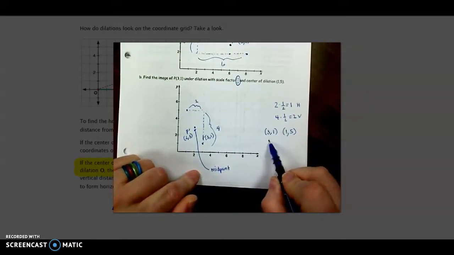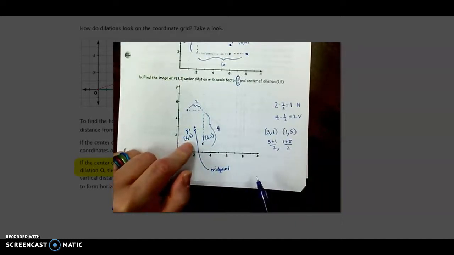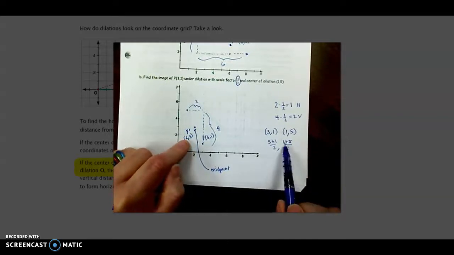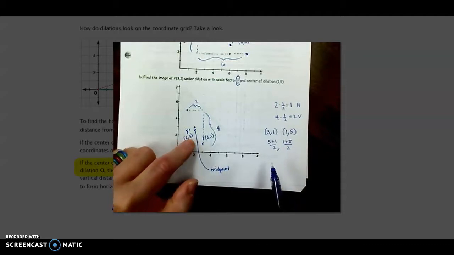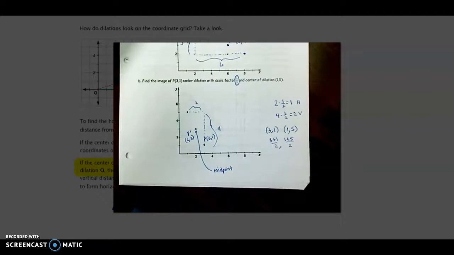So adding 3 and 1 and dividing by 2, and adding 1 and 5 and dividing by 2 would also give me my image point. 3 plus 1 is 4, divided by 2 is 2. 1 plus 5 is 6, divided by 2 is 3. So this was just my midpoint and a different way of finding that using a dilation.